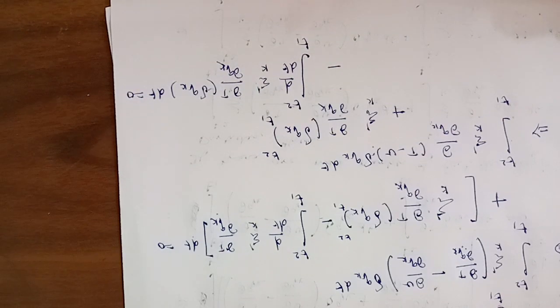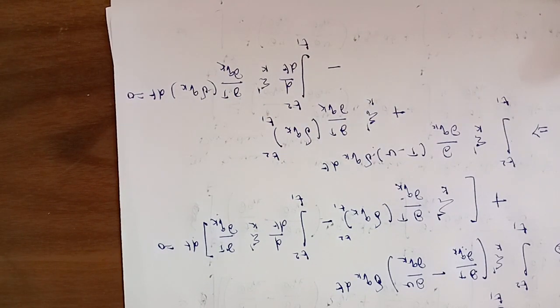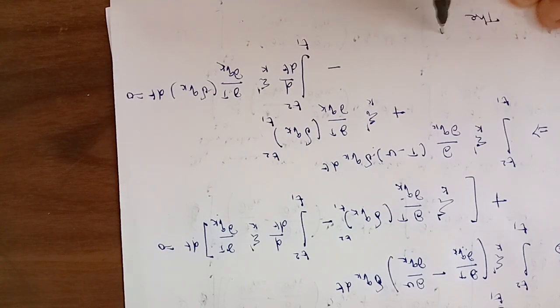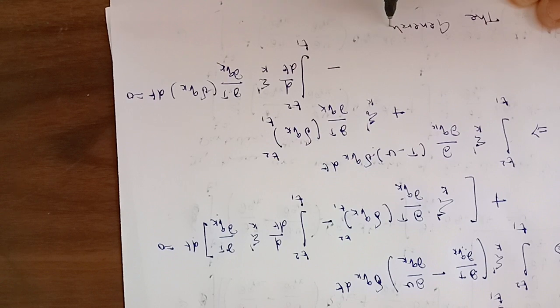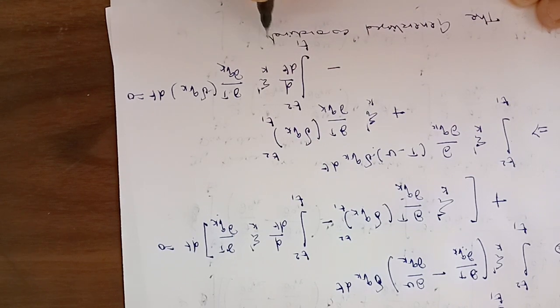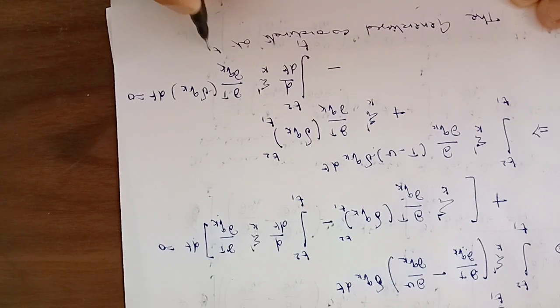Now, basically, when a generalized coordinate is integrated with respect to t1 and t2, then it becomes 0. The generalized coordinate at t1 and t2 becomes 0.